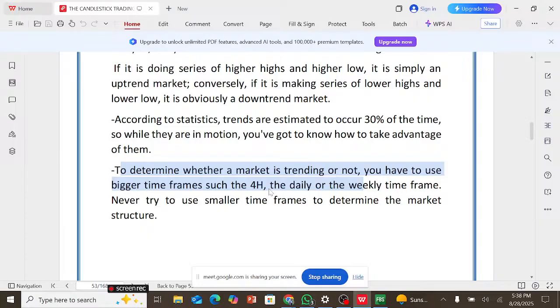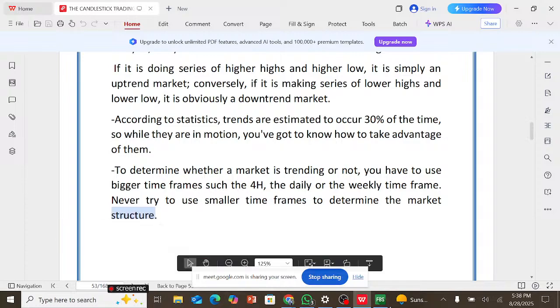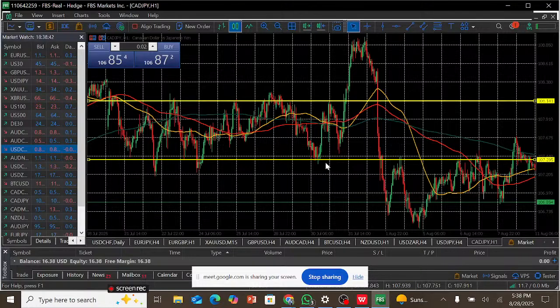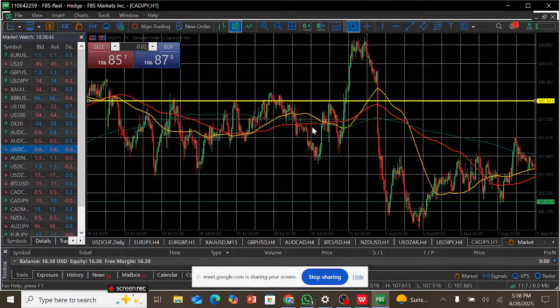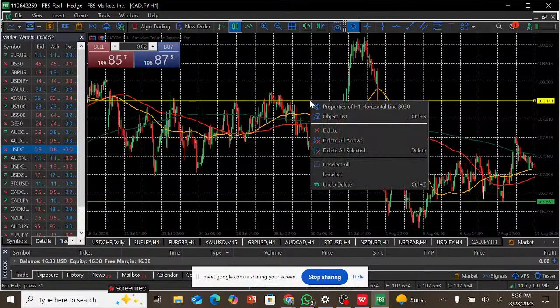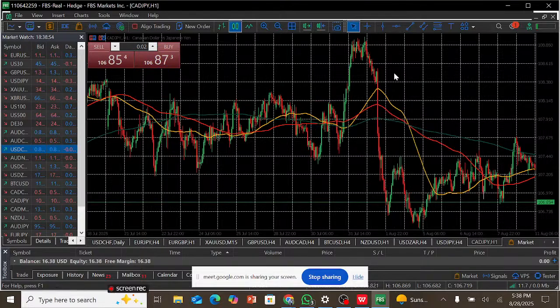Never try to use a small time frame to determine the market structure or the market direction. So here they are saying that for us to know the direction of the market, we need to focus on bigger time frames. That can be daily, 4 hours, or weekly.